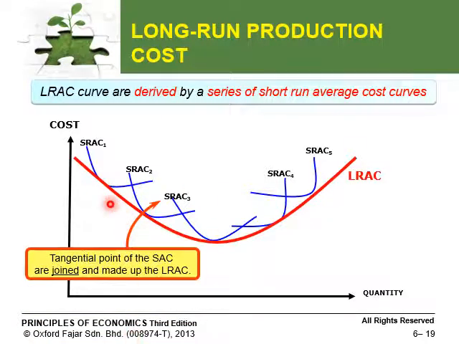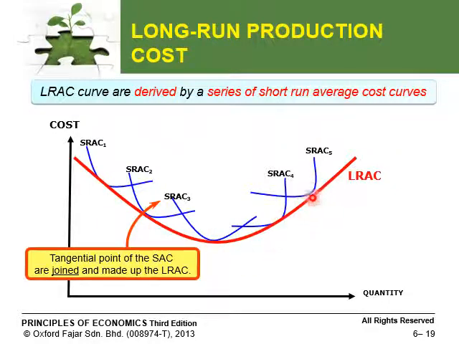When we take all the minimum points of the short run average cost in every month, you can see the combination will show the total U shape overall. This point mixed with this point, this point, this point, and this point.